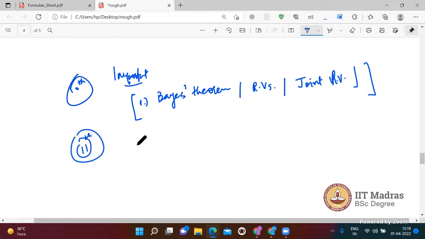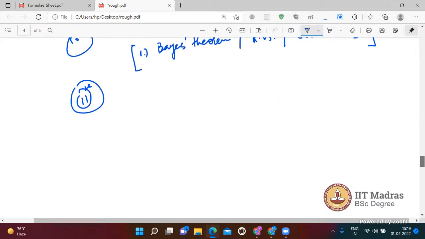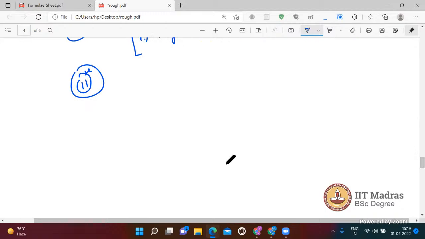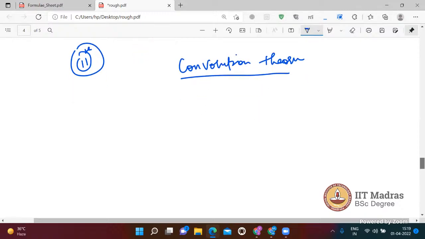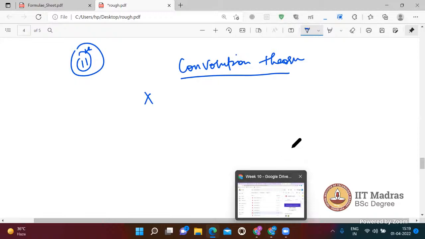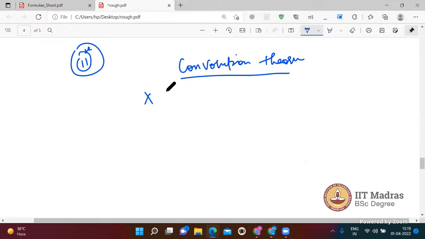Okay. For the 11th week, one thing I must tell you, everyone is aware of the convolution theorem, right? Like if we have been given max, min of random variables. Basically, it is for the transformation of random variables.